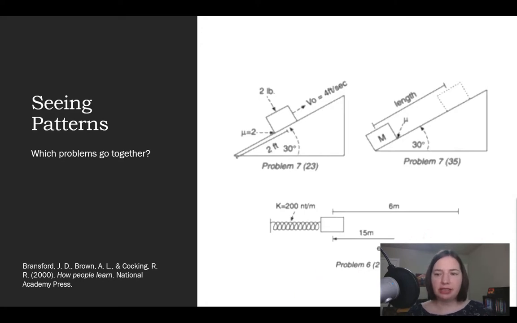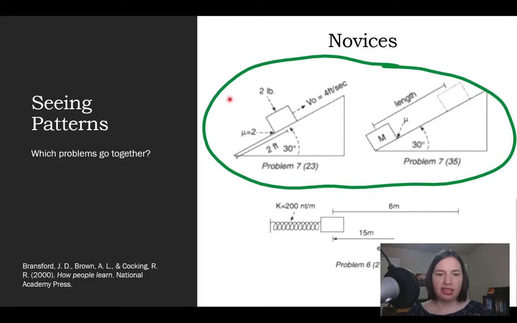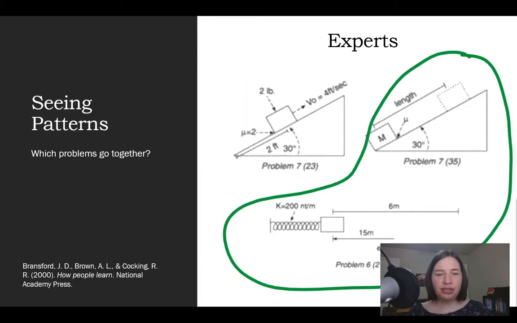So the novices chose usually these two problems to go together because they look really similar, don't they? They look really similar. But the experts usually put these two together because these are closer conceptually. And I don't know the science behind this, but evidently the concept that this is showing is also represented here. So the expert looks at it differently.